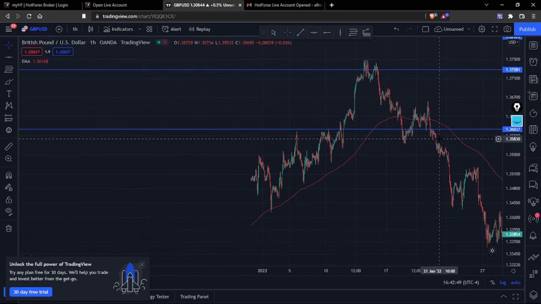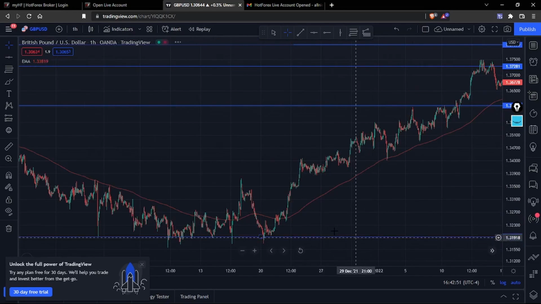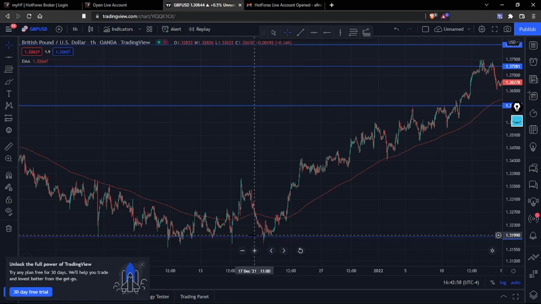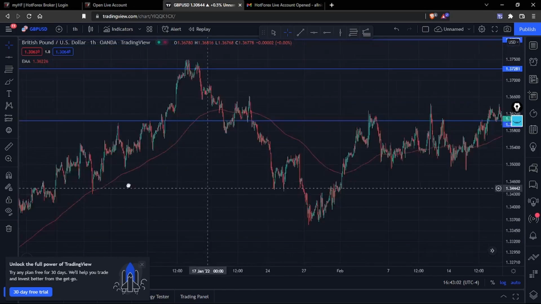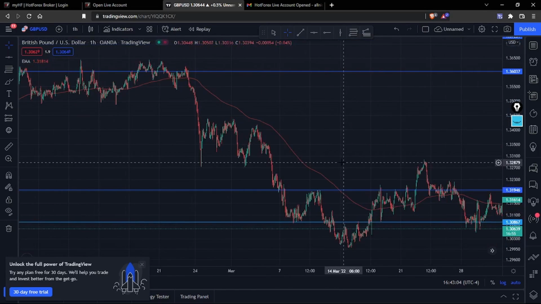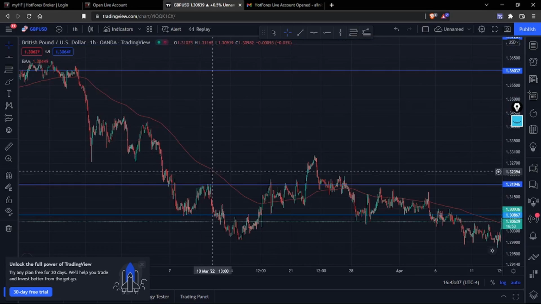Even if we go back into the past, we're able to see this exact zone that we marked up all the way back in December of 2021. The price respected that exact zone, so we'll know that it's a valid point of support or resistance.